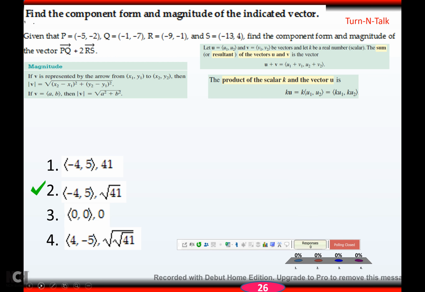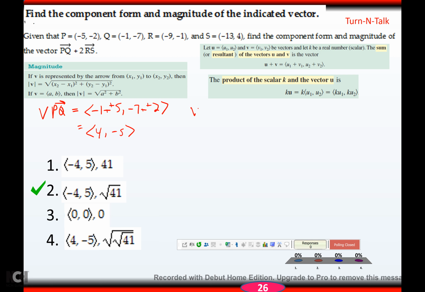And hopefully you got 2. Alright, it says find the component form and magnitude of the vectors PQ plus 2RS. Well, I got to figure out what those vectors are first. Alright, so to figure out vector PQ, it's going to be negative 1 minus a negative 5, negative 7 minus a negative 2, double negatives, and I get 4, comma, negative 5.